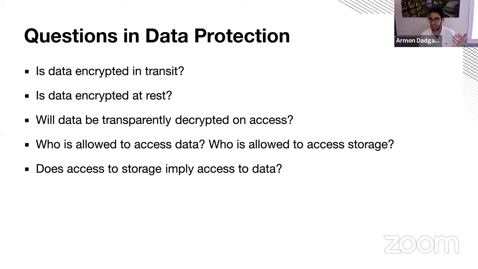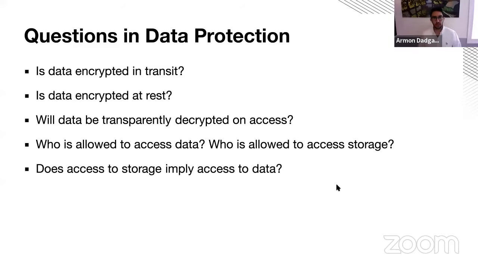If I have access to the database and it's transparently decrypting, then by definition, I have access to the data as well. Versus if that's not true, if I'm able to access the system and what I'm reading is encrypted data, then that doesn't actually imply that I have access to the data. There's a separate process by which I need to decrypt it, and I may or may not have access to that, even though I have access to the underlying system.